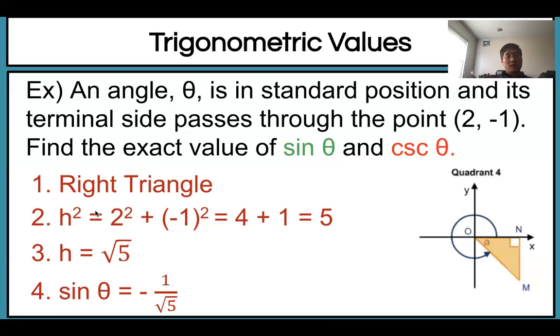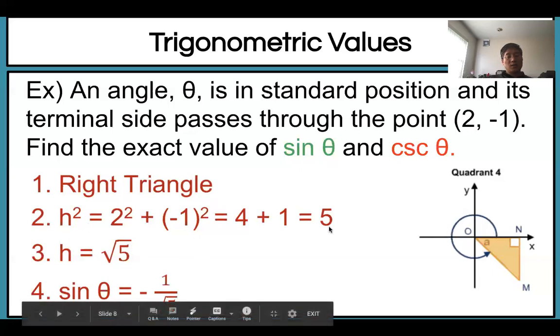To solve for h from h squared, you take the square root of both sides, right? H squared becomes h, and this is the square root of 5. We know it's plus and minus, always two answers when you solve for h from a square.